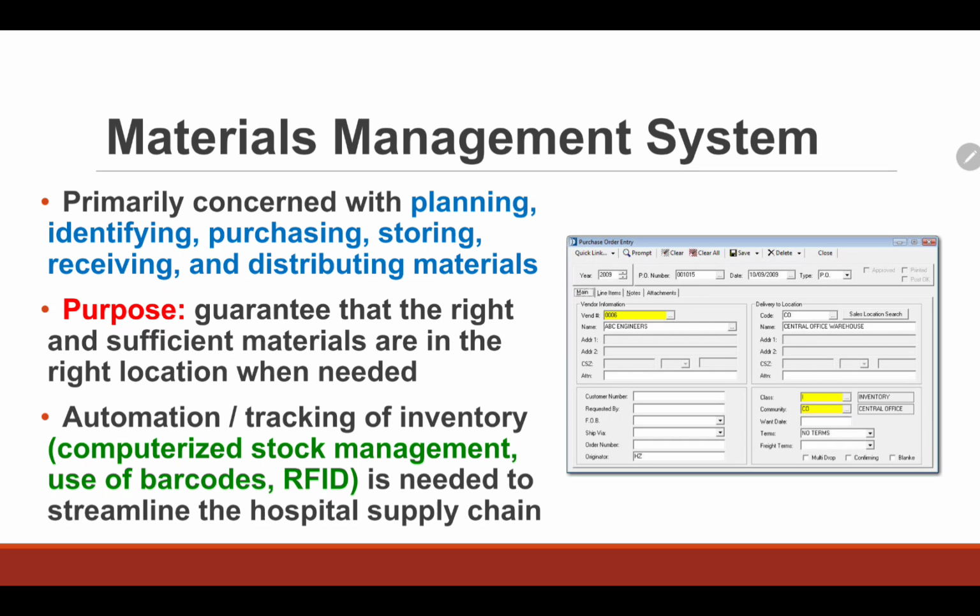Okay, it is primarily concerned with planning, identifying, purchasing, storing, receiving, and distributing materials. As such, automation of inventory or material management is necessary for a hectic health center to streamline the hospital supply chain. Computerized stock management systems include technologies for tracking inventories and devices used each day in the healthcare system.